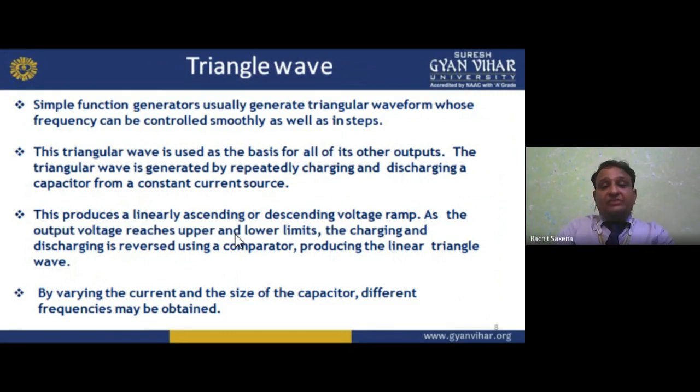The triangular wave is used as the basis for all of its other outputs.